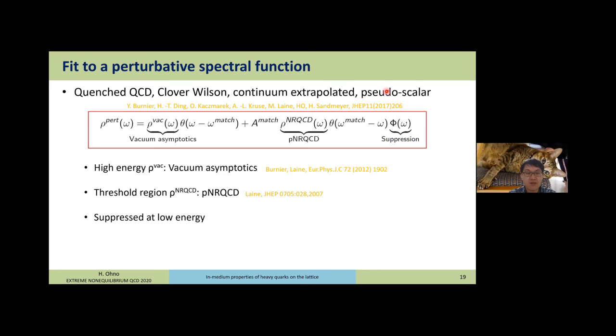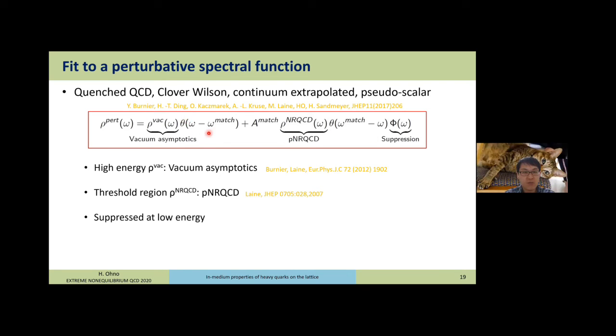So this is much simpler than the vector channel case. First, we start with this, and basically what we did is to define our model spectral function like this. The so-called perturbative part of the spectral function consists of two parts.